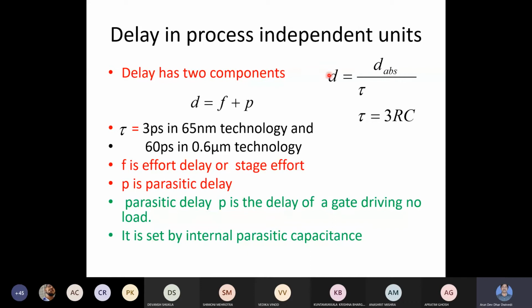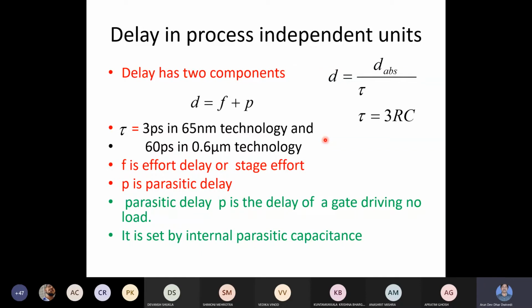So this delay, which we are trying to define in process independent units. Previously we have defined it in terms of process dependent parameters, but this is another approach for hand calculations and estimates, for comparing various topologies, designing topologies for the circuit, and also delay estimation, and comparing and deciding which topology should be taken.